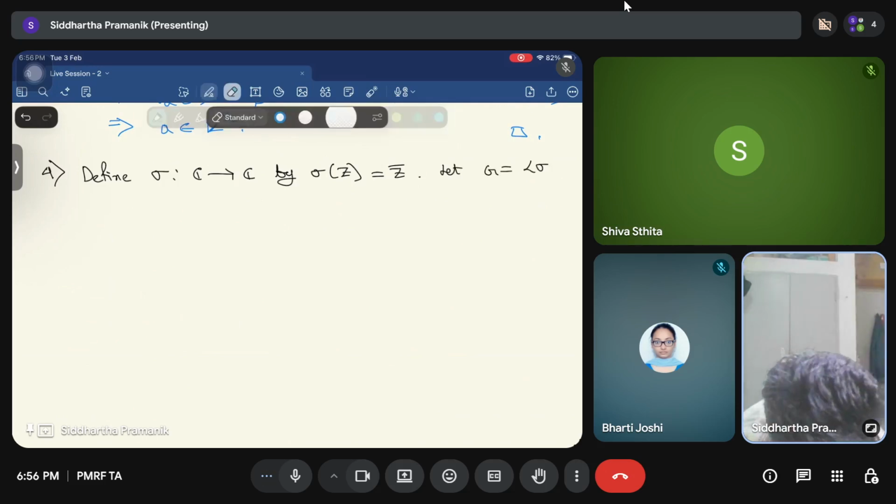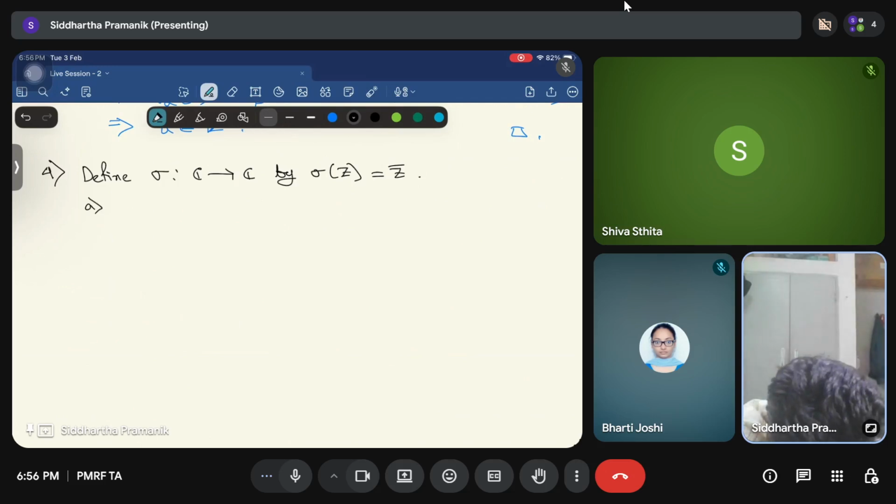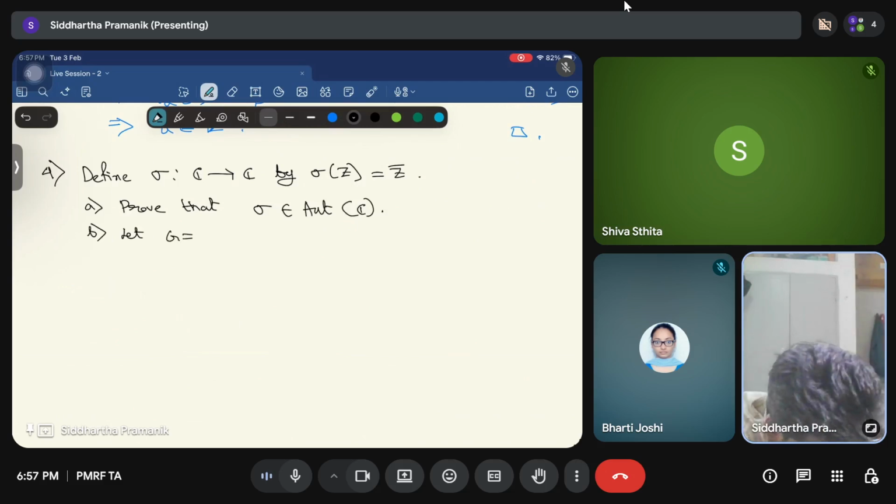So first thing is prove that sigma is an automorphism of C. This thing is very easy. It's just a routine check. Second thing, if you take the group generated by this, then find the fixed field.